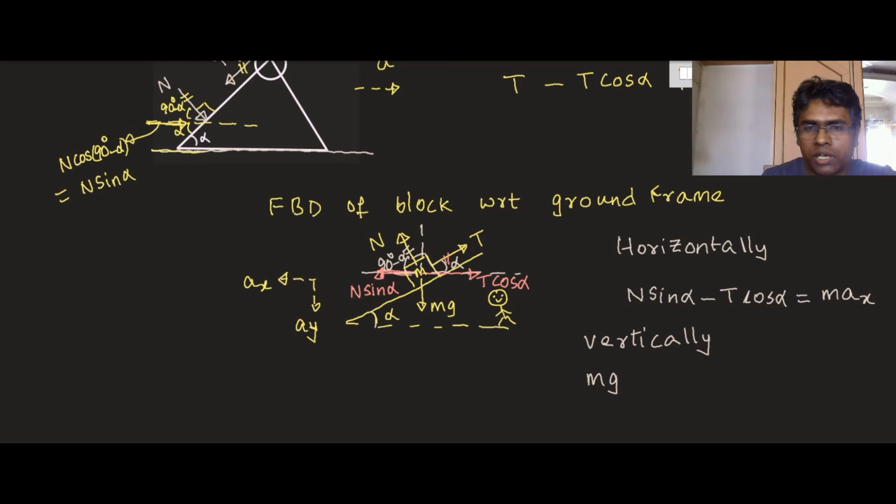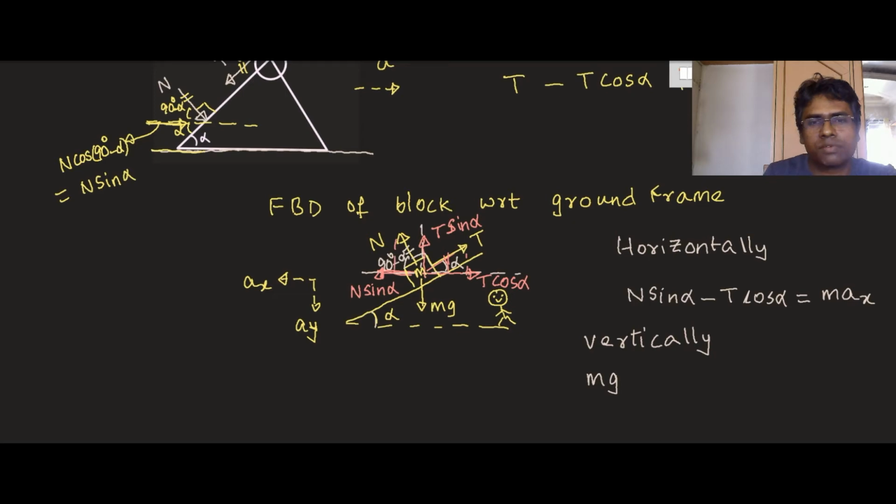If I look at the tension, its vertical component is T sine alpha. I hope you're able to see this. So this is alpha, and the vertical component would be T sine alpha. Similarly, if I take the vertical component of the normal reaction, that is N sine of 90 minus alpha, which will be N cos alpha.